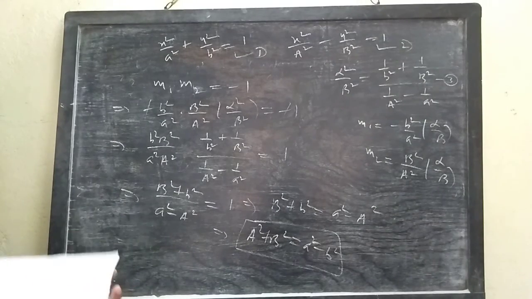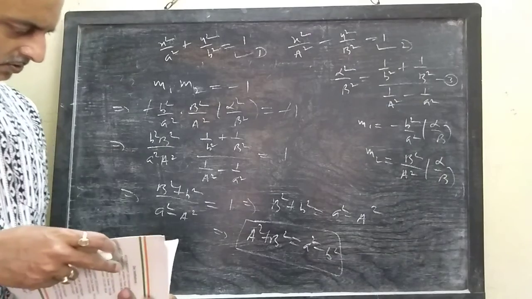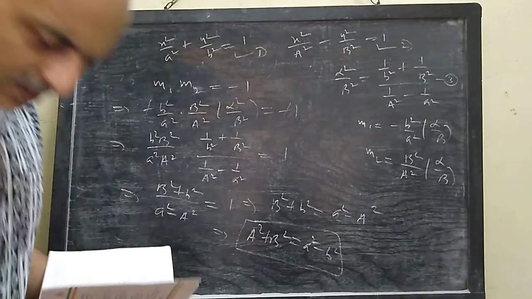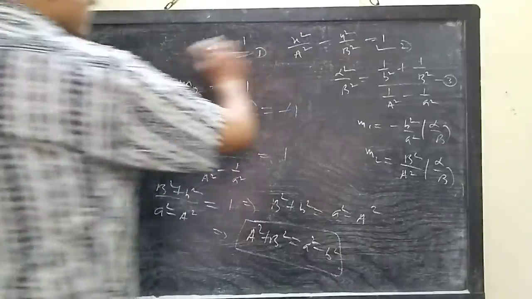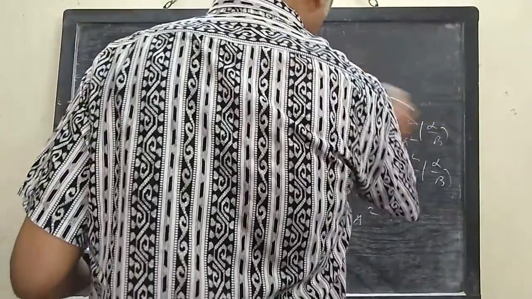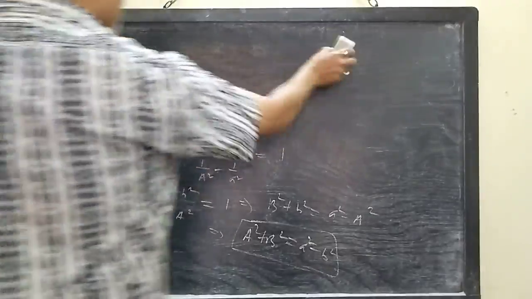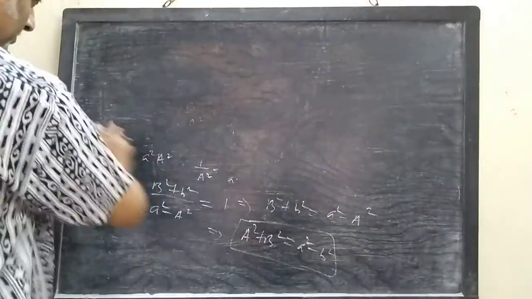Next question. Show that the condition that the curves intersect orthogonally is this. The answer is given here, but ultimately the nature of the problem is the same. You are asked to find the condition under which the curves intersect orthogonally.